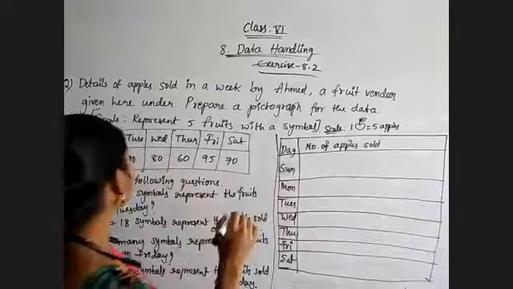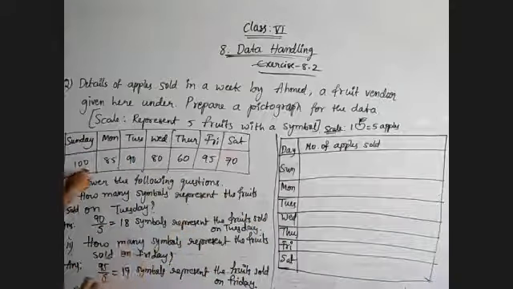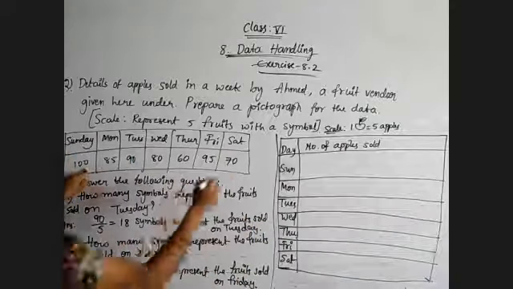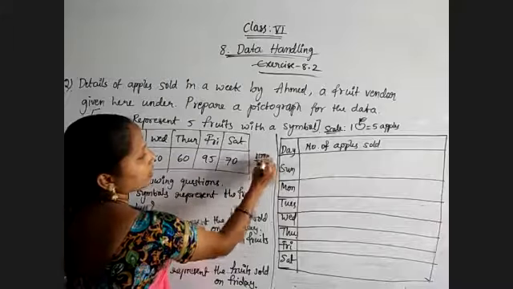Now number of apples sold. So first value is 100. So 100 by 5, what we will get? 5 twenties are 100.